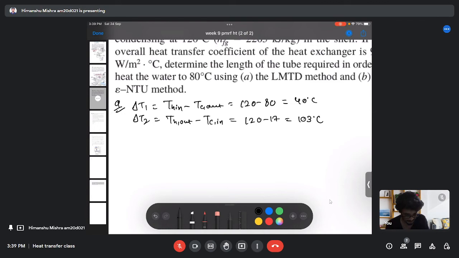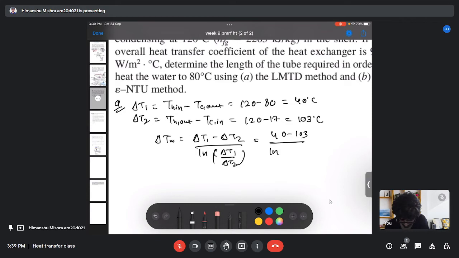Now we can find the log mean temperature. So my log mean temperature difference is 66.6 degrees Celsius.